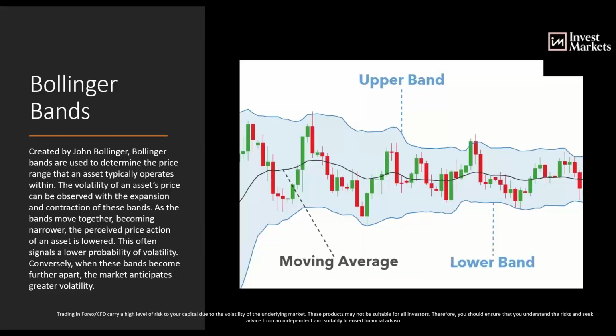Then we have Bollinger Bands. Bollinger Bands was created by John Bollinger in the 1970s. It was great for stocks. It's stood the test of time. And as the Forex market started to get more and more popular, Bollinger Bands was found to work extremely well in interpreting the Forex market.